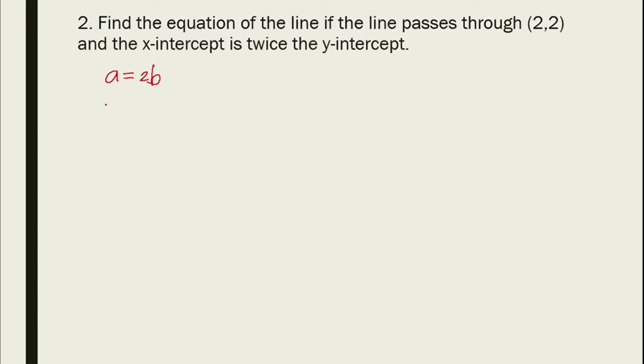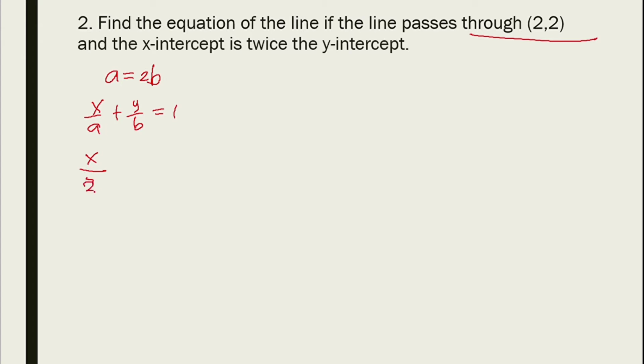So we have the formula x over a plus y over b equals 1. Since it passes through (2, 2), I'll be using that later in the equation. So x over, what is the value for our a?